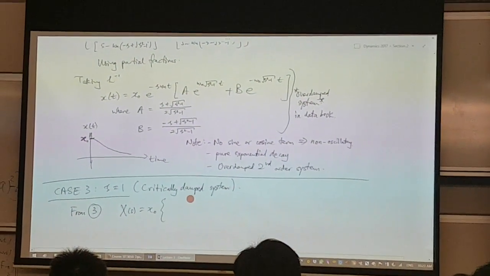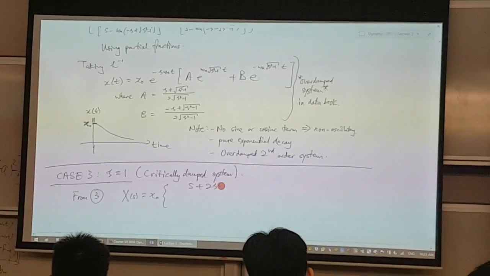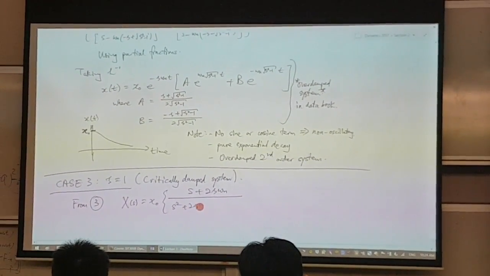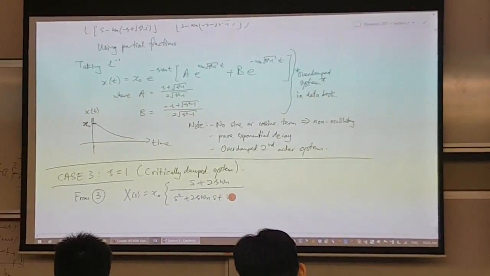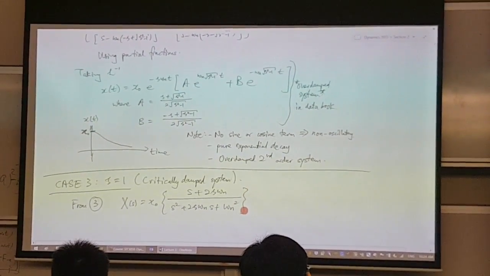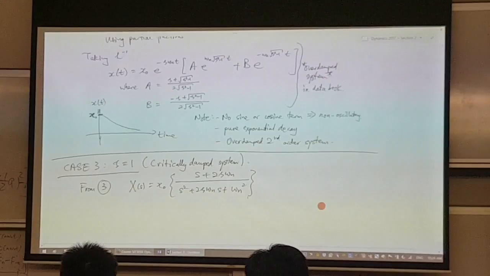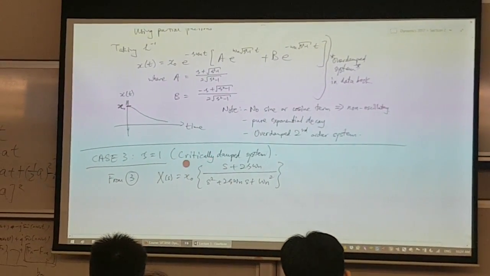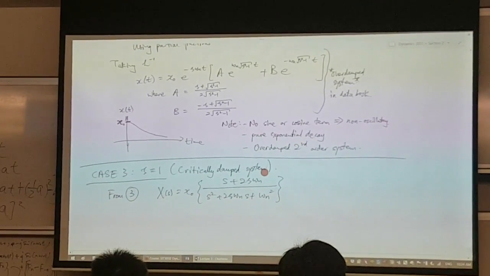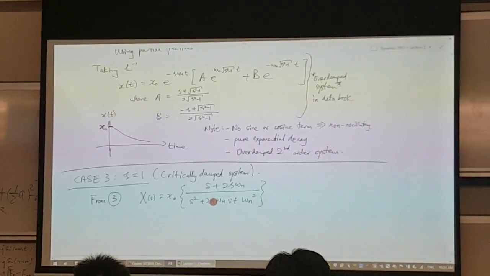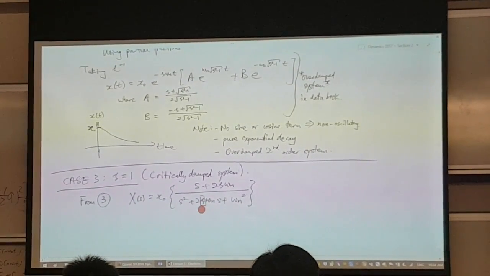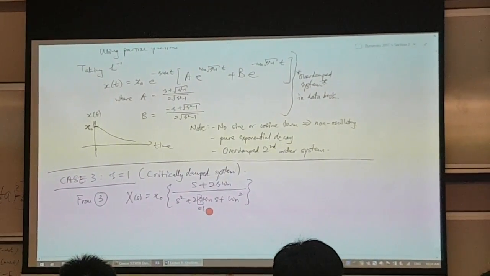X0 s plus 2 zeta omega n s squared plus 2 zeta omega n s plus omega n squared. That was your equation 3. Since zeta is equal to 1, and this is a case where we call this critically damped system, that means that zeta term over here is equal to 1.